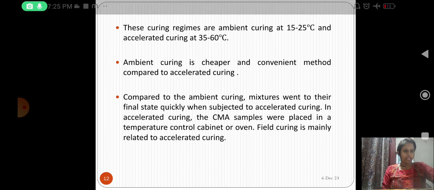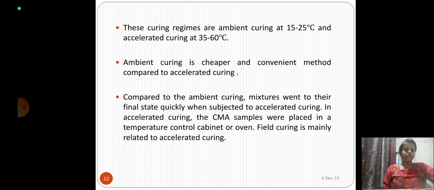These curing regimes are ambient curing at 15 to 25 degrees Celsius and accelerated curing at 35 to 60 degrees Celsius. The ambient curing is a cheaper and convenient method. However, the accelerated curing is costlier, but it can quickly gain strength as compared to ambient curing.